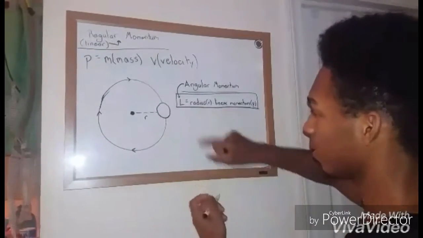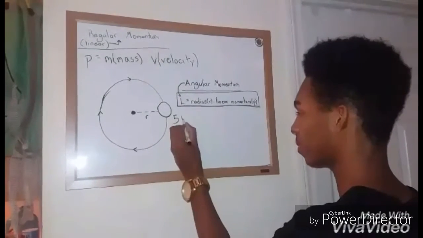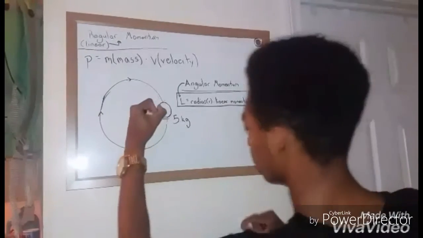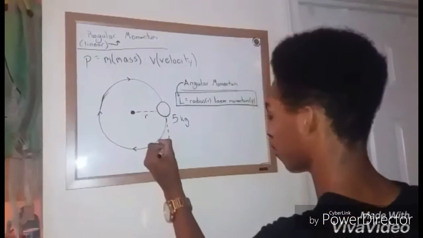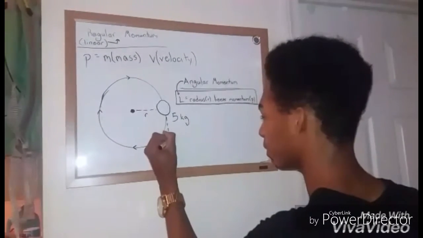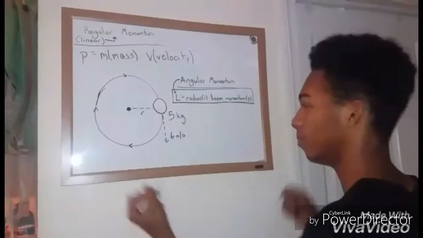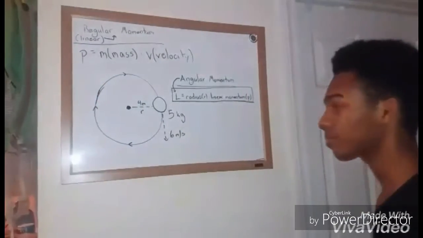So let's say the object is 5 kilograms, and its tangential velocity is 6 meters per second, and your radius is 4 meters.